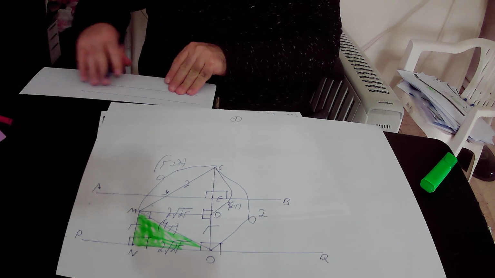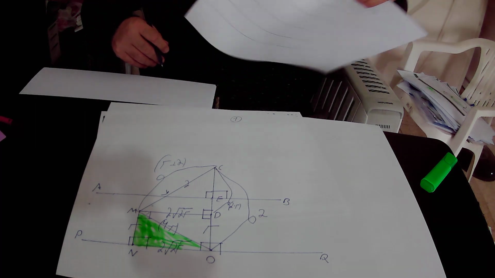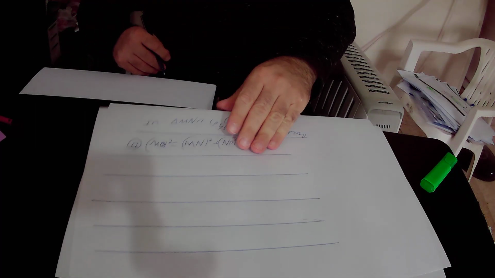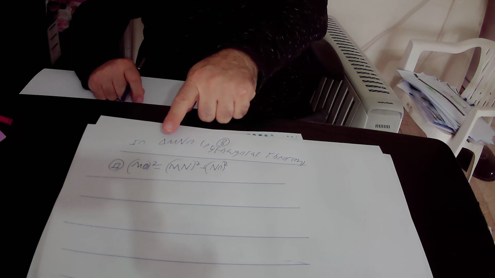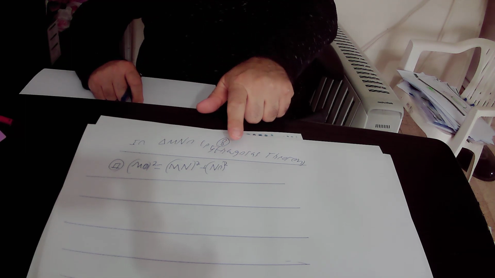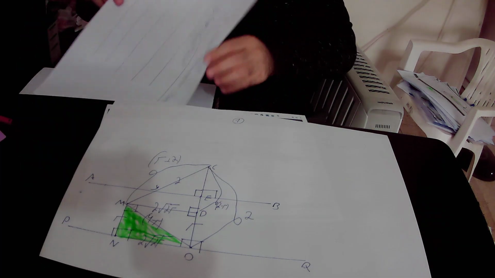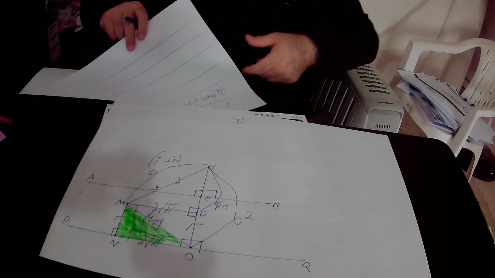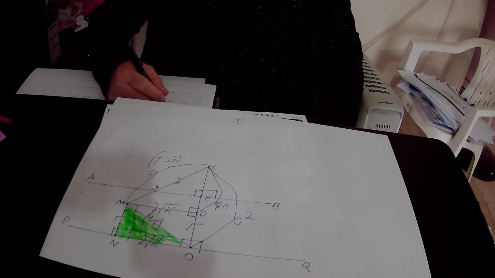So I repeat again, in the green right triangle MNO, according to the Pythagoras theorem, MO square equals MN square plus NO square. We have already found out that MO equals 4 minus R, so MO square will be equal to 4 minus R square.